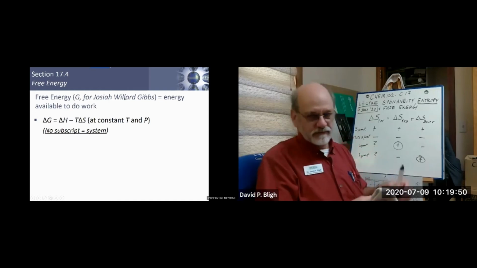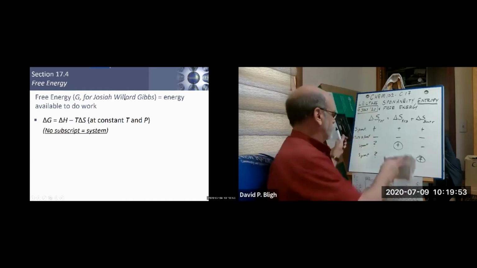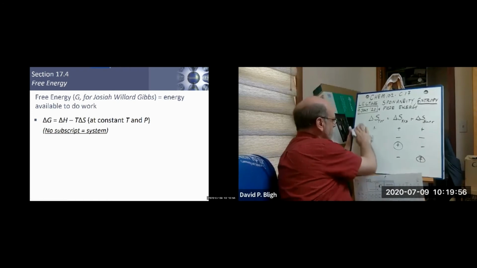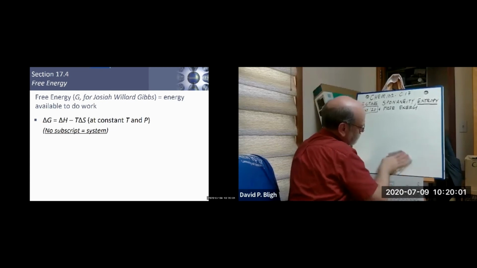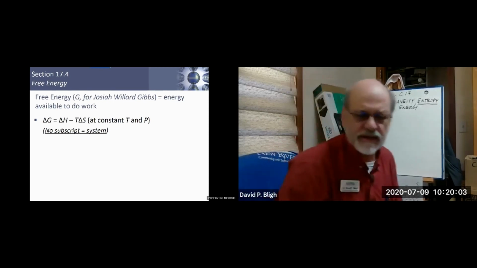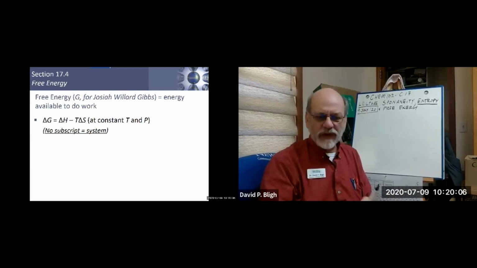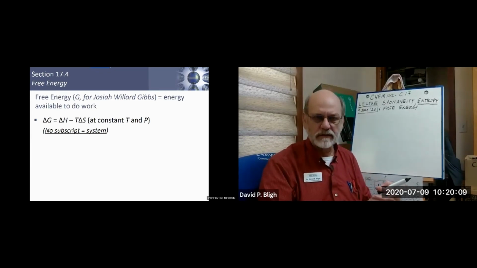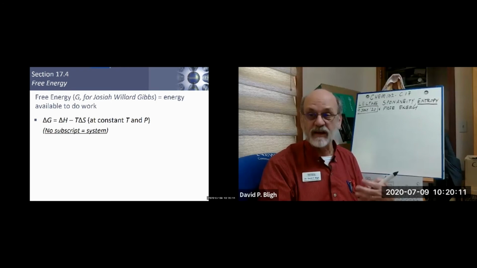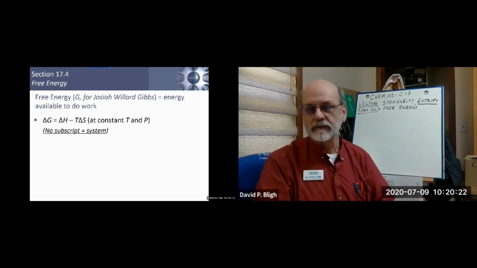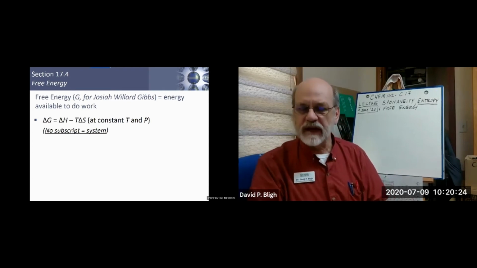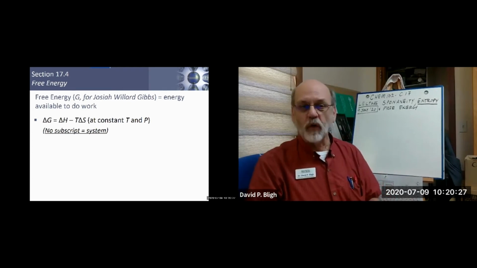Josiah Willard Gibbs recognized that fact, and he also wanted to know, when these changes take place, we can calculate the amount of energy, the delta H, the enthalpy, that's available from a system. But what he wants to know is how much of that energy is actually available to do useful work. So he invented another term, delta G, for free energy.